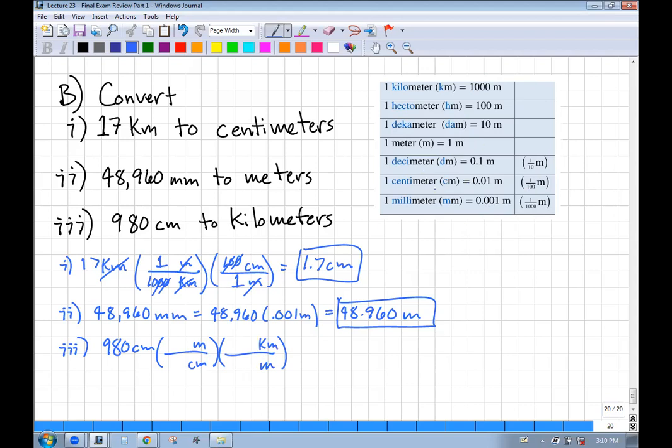Because this chart here says, let's see, centimeters. 1 centimeter is 0.01 meters. That's the same thing as saying 1 meter is 10 squared centimeters. 1 meter is 100 centimeters, right? So I'd say 1 meter is 100 centimeters.